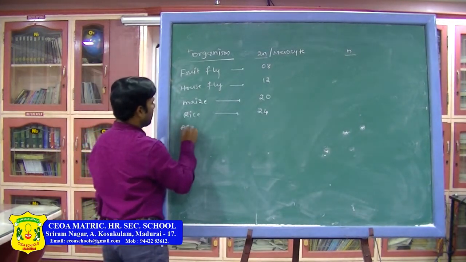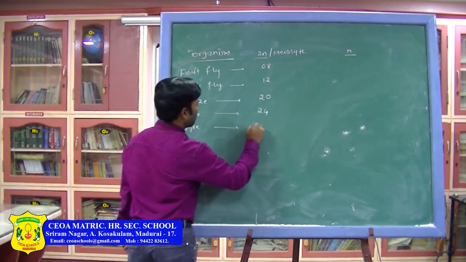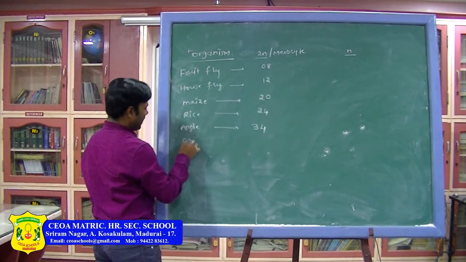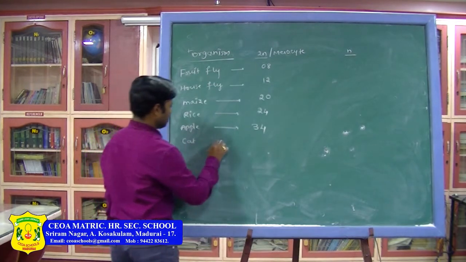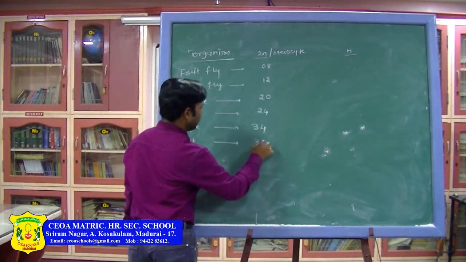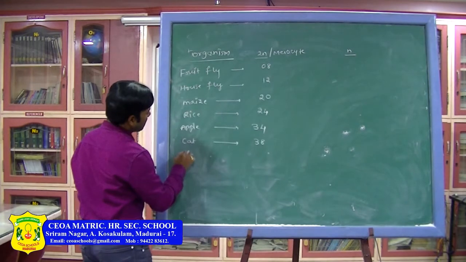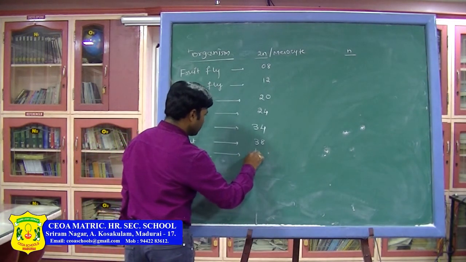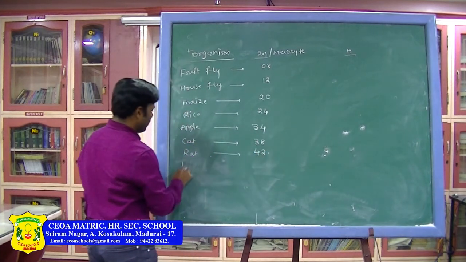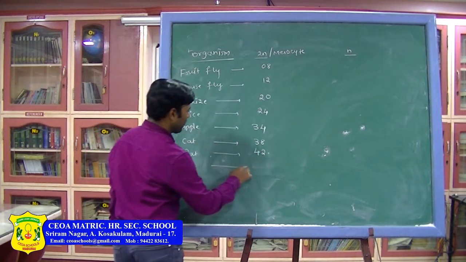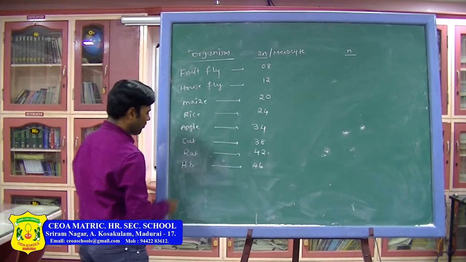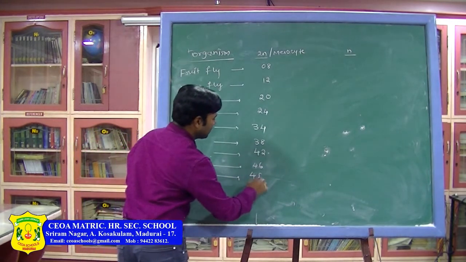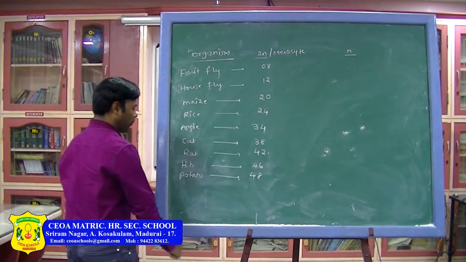Next, apple 34, whereas cat 38, whereas rat 42, human being 46, potato 48, 2n number of the chromosome.